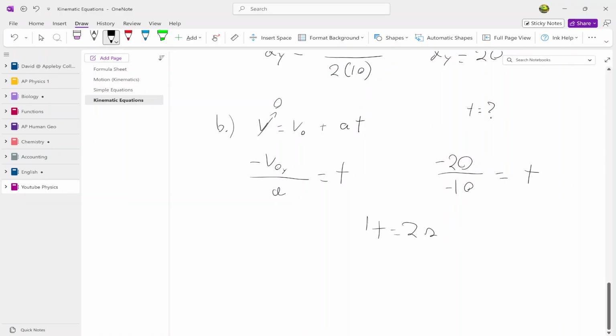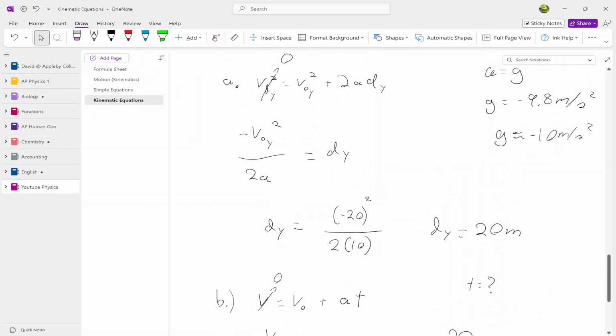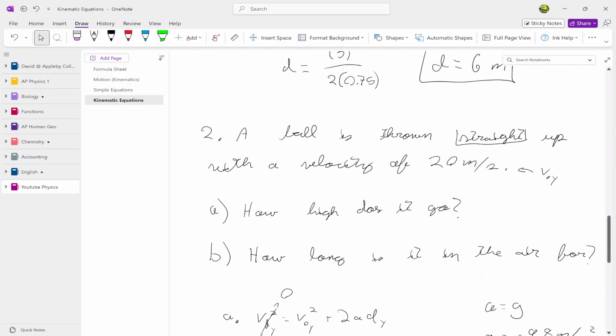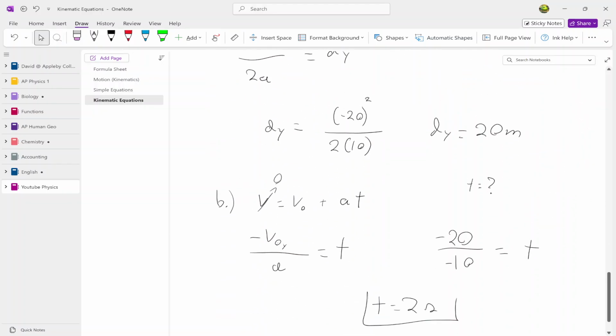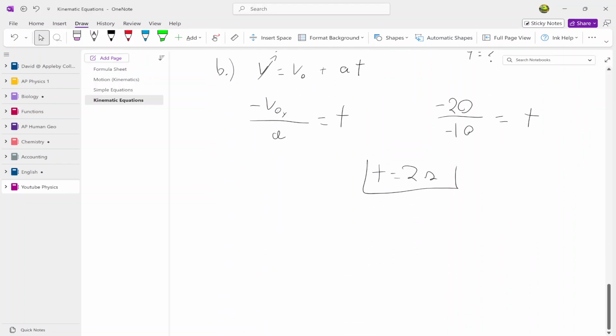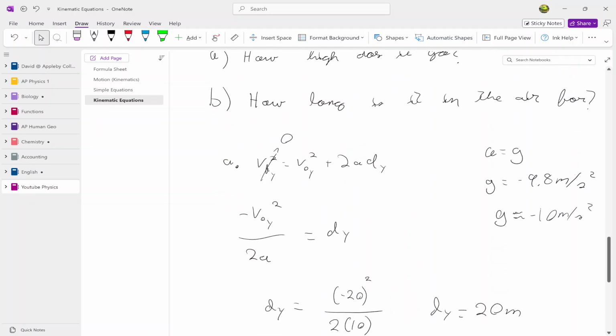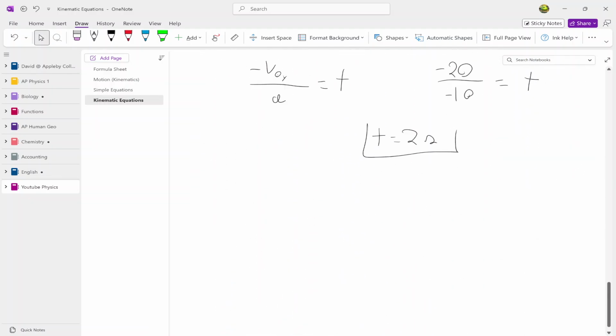If it's only 2 seconds, it would only travel 20 meters, because then it means 1 second up, 1 second down. Each one of those would be 20 minus 10, so you get 10 meters up, 10 meters down, a total of 20 meters. My problem was I was assuming 3 seconds.